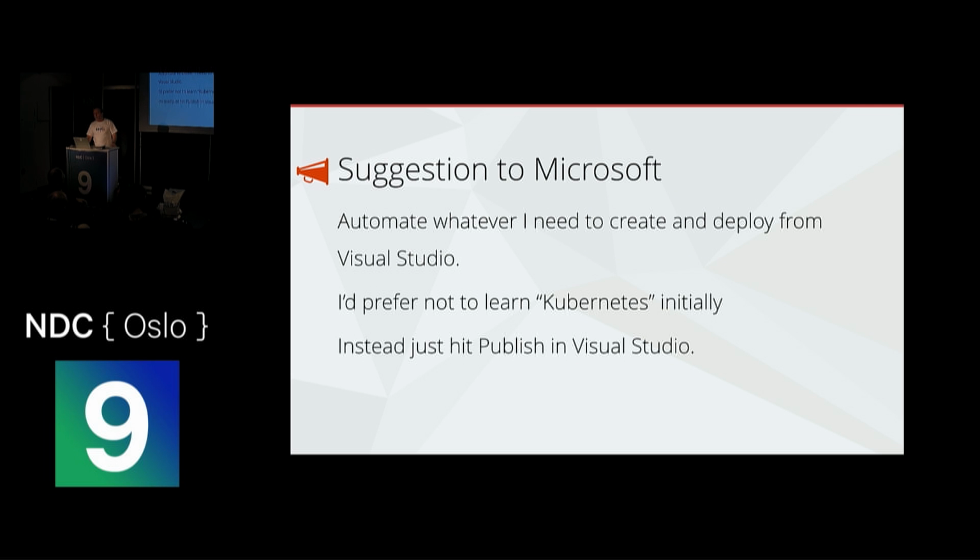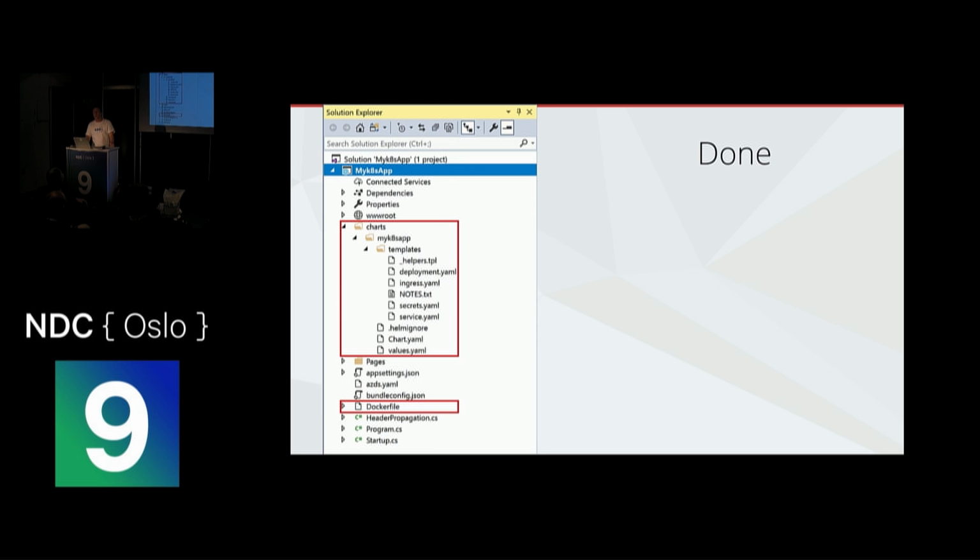And I just want to hit publish and it just publishes it to the containers. That's what I love. Okay. 2 days ago, Microsoft announced we're getting this. So when you go File New in Visual Studio, see these charts, these Helm charts, and see your Docker file down there, all automatically put into your Visual Studio project.